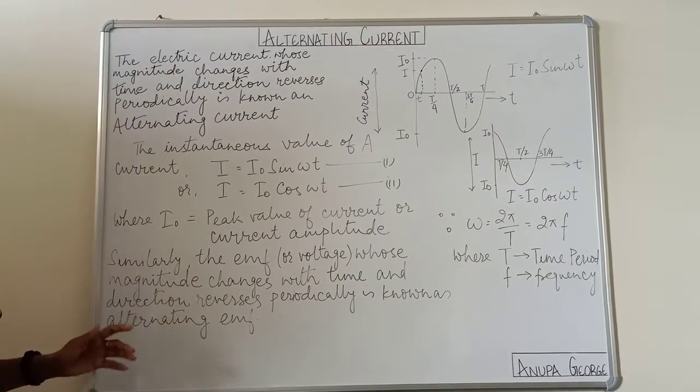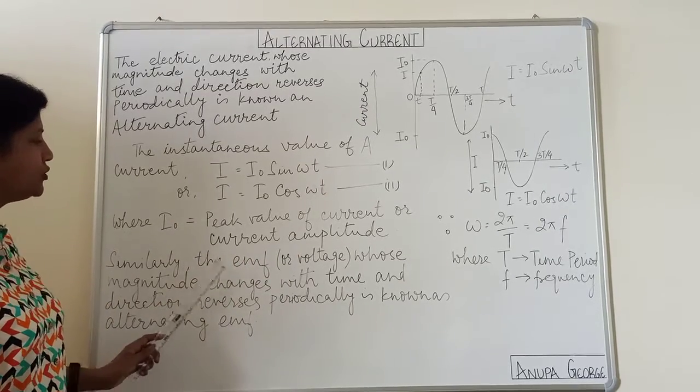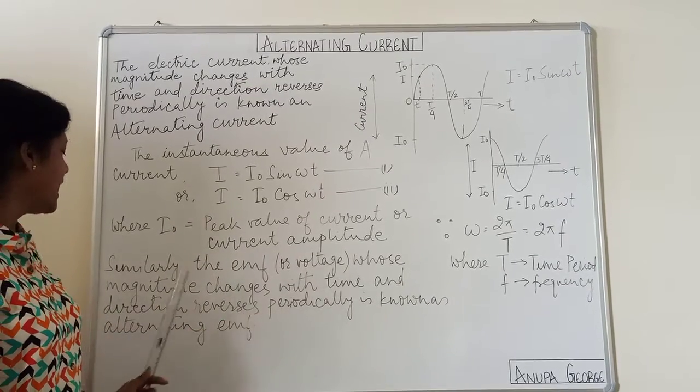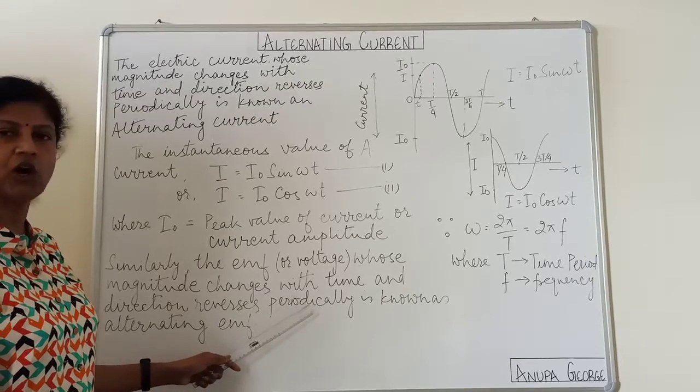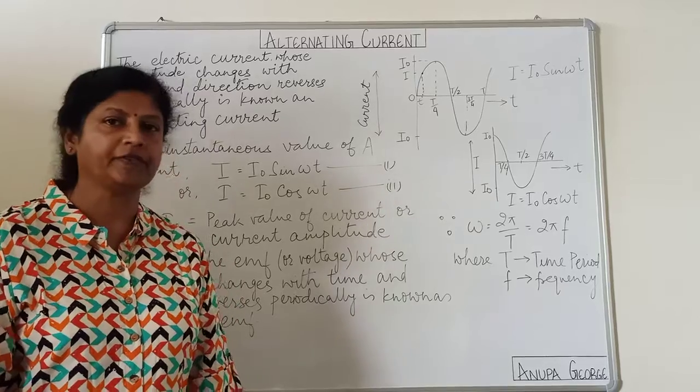Similarly, the EMF or voltage whose magnitude changes with time and direction reverses periodically is known as alternating EMF.